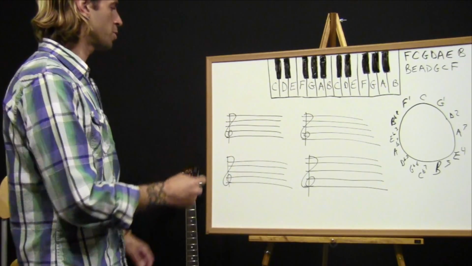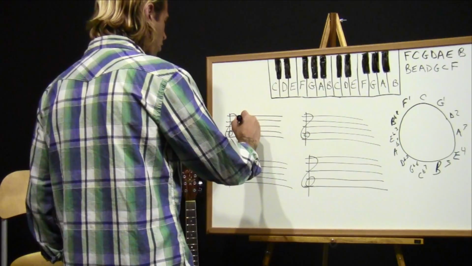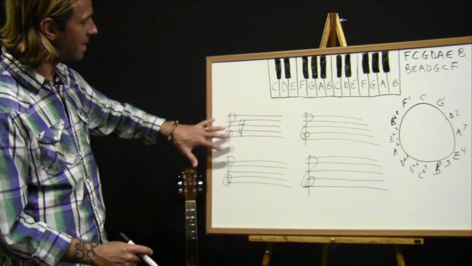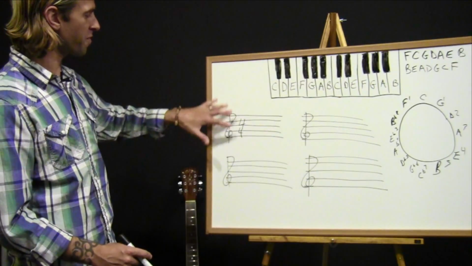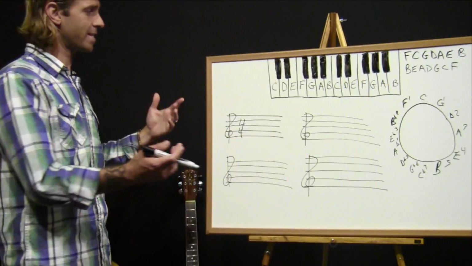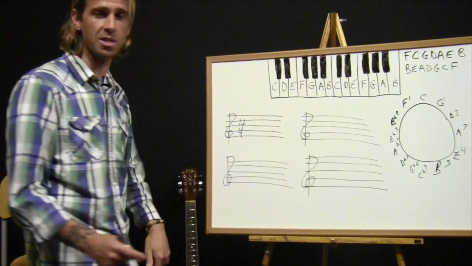What you'll usually see in music, if you see the 4/4 here, remember that time signature, and there's no indication of sharps or flats written in the beginning, is that it's going to be in the key of C major. That's the key that has no sharps or flats.